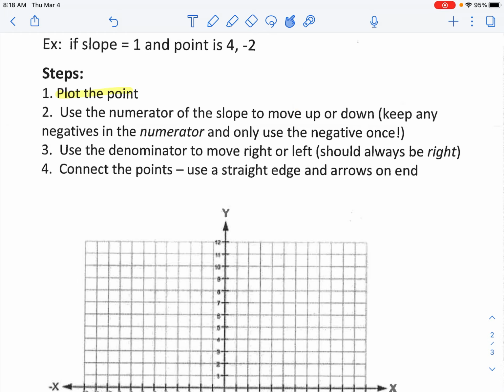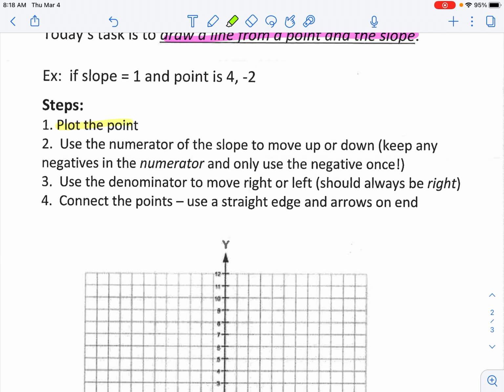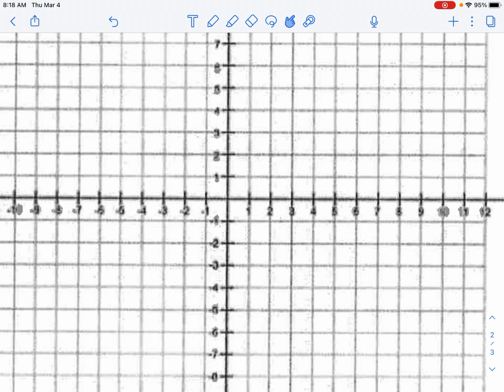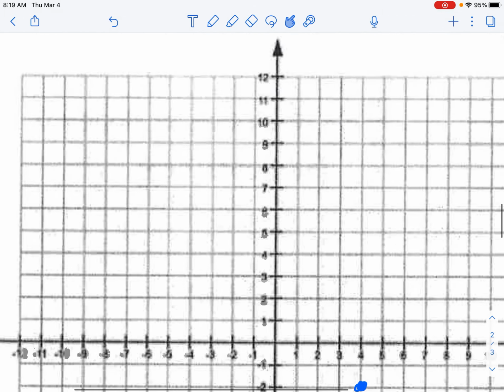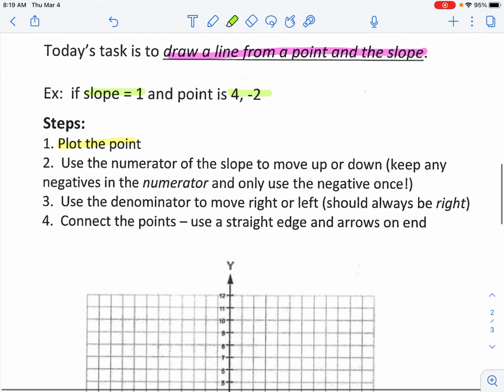Okay, so up here, let me highlight. So if the slope equals 1, and I know I have a point at 4, -2. So I'm going to come down here to my graph, make it a little bit bigger. So I'm going to move to the right 4, and then I'm going to drop down to -2. Okay, so step number 1, plot the point.